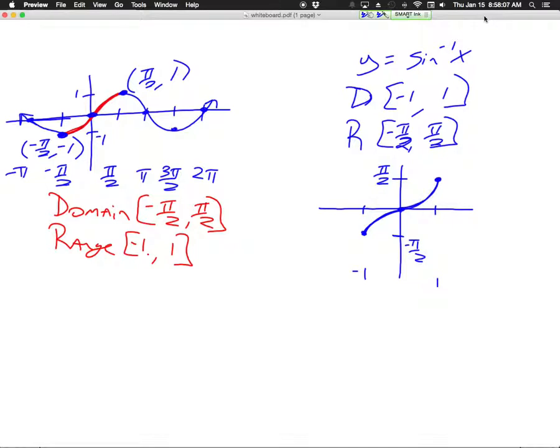Alright, now, next thing you need to have on your notes is that graph of inverse sine. So draw that graph. You need to have that in front of you.